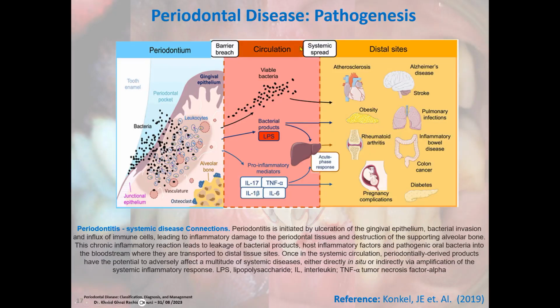and the presence of pro-inflammatory mediators, leading to increased risk of development of disease in certain organs, like, for example, atherosclerosis, heart disease, obesity, stroke, Alzheimer's disease, pulmonary infections, like, for example, in recent days, COVID, with more prevalence of severe COVID-19 in patients with periodontitis, inflammatory bowel disease, colon cancer, diabetes, and pregnancy complications like early low birth weight, and rheumatoid arthritis.